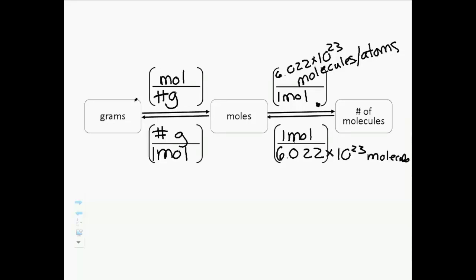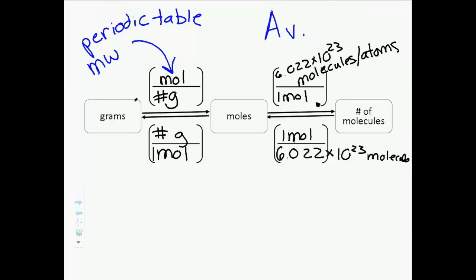And so once again, this number of grams comes from your periodic table. It's your molecular weight. Whereas this one is Avogadro's number. So get familiar with going back and forth, back and forth, back and forth. Just whichever one you need, you can utilize to help get you to the end game.